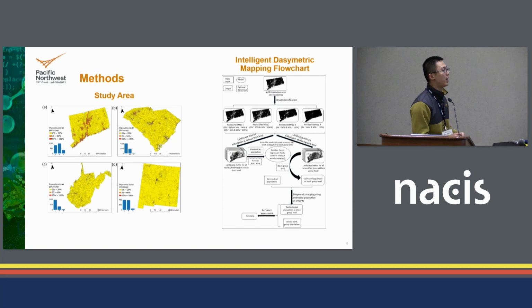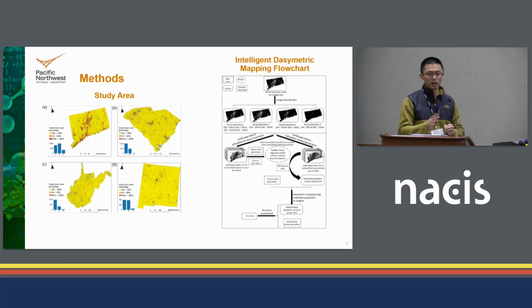The first scheme has different categories from 0% to 20% imperviousness, then 20 to 50, 50 to 80, and 80 to 100.